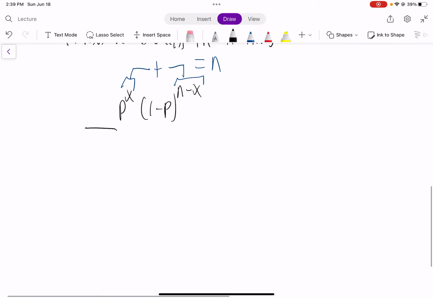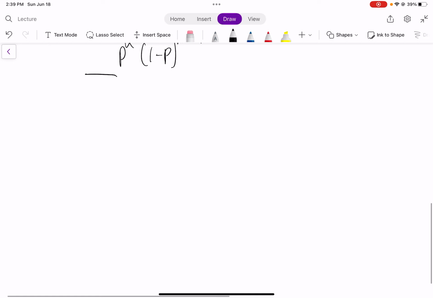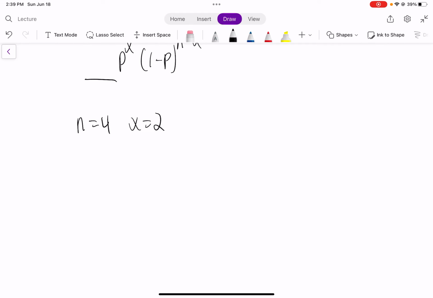And let me try to explain this more intuitively by giving you guys an example. Okay? So let's just say our n equals 4, and our x equals 2. So what does this mean?